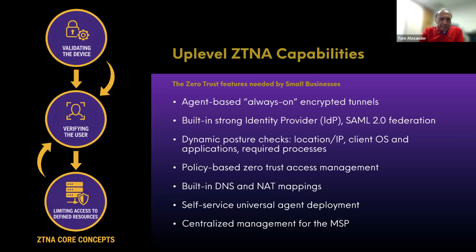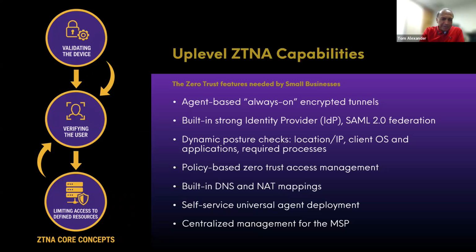We also have dynamic posture checks. So we can track where a specific client or device is trying to log in from, and in fact it can geolocate down to a city. We can tell what operating system is being run by the client, what kind of applications are on the client, and if you have a process that you want to run, like an AV, or, okay, this is one of my clients, therefore he's always going to be running my RMM, so we can check for that RMM.